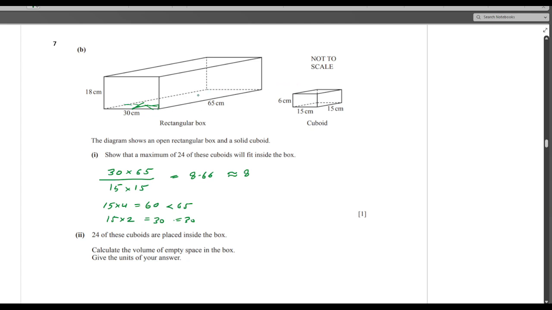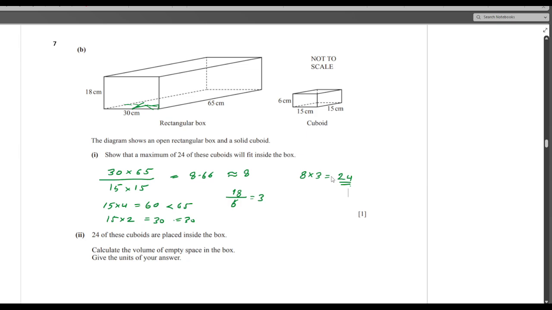So a total of 8 blocks in one layer, and in this 18 centimeters I can fit 3 layers. So 8 times 3 is the total number of cuboids, that is 24 cuboids we can fit.